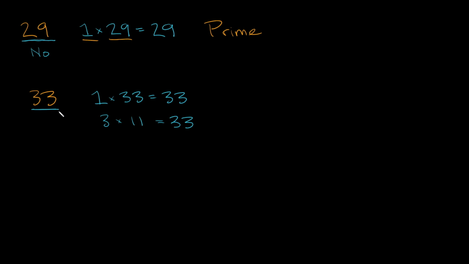So is the number 33 prime or composite? Well, it would be composite, because it has 3 or more factors. What are the factors? Well, we have 1, we have 3, we have 11, and 33, right? So the factors are 1, 3, 11, and 33.